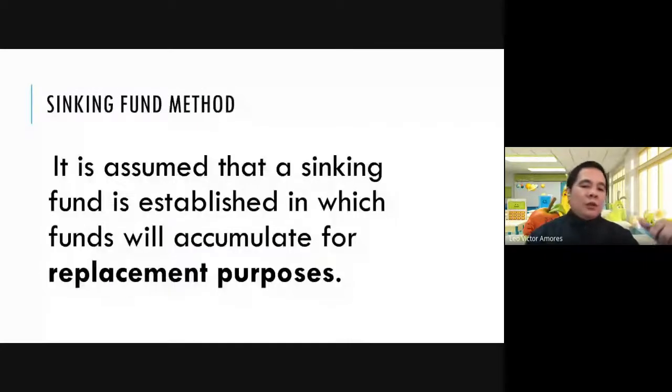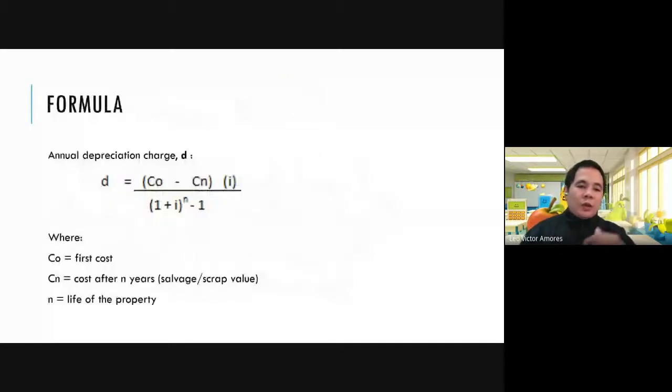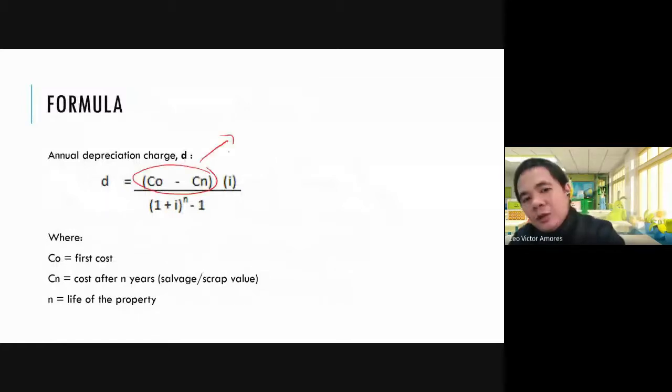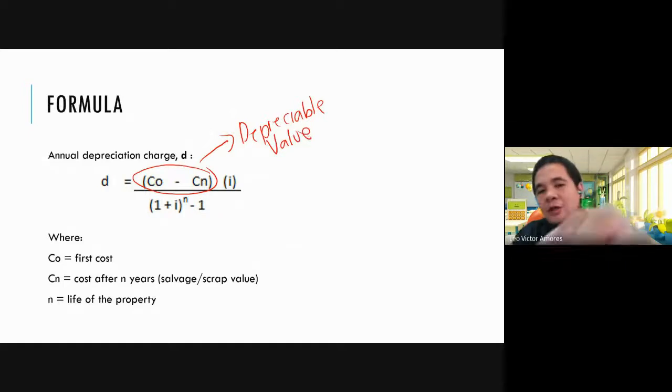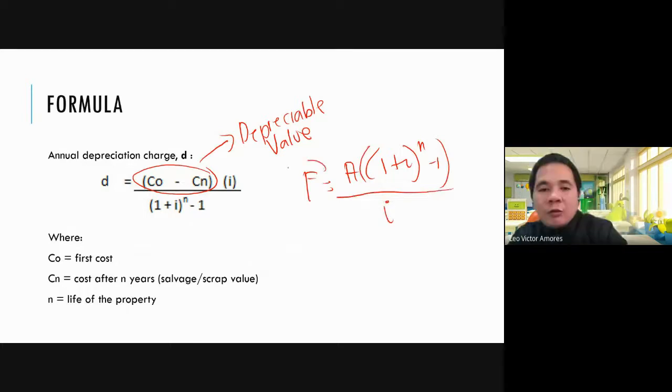For the sinking fund method, naa kay usa ka factor nga gi-consider diri. The factor na imong gi-add up diri is your interest rate. Okay? Also, as you can see in the formula, your D or your CO minus CN is your depreciable value. Because we know that F is equal to A times (1 plus I to the exponent of N minus 1) divided by I. The future value is your CO minus CN.